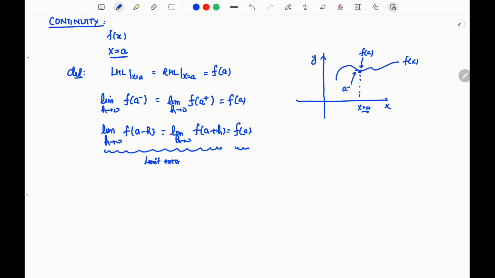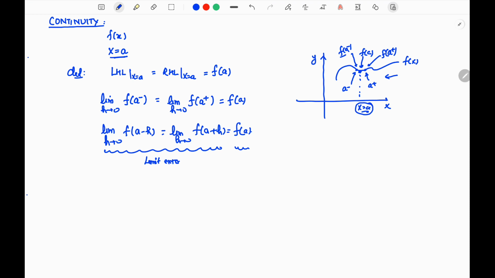So this value gives f(a minus). And if you approach the point x equal to a from the right hand side, this is a plus, and the value of the function at this point is f(a plus). If f(a minus), f(a plus) and f(a) are equal, then we say the function is continuous at point x equal to a.